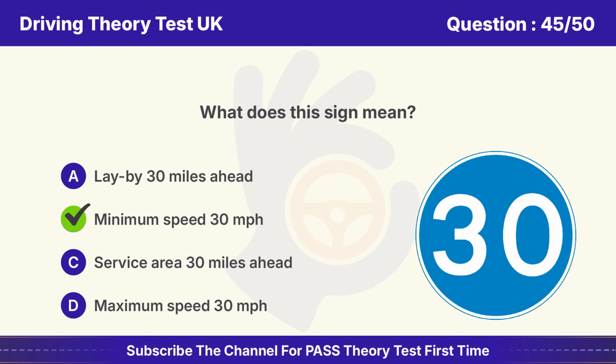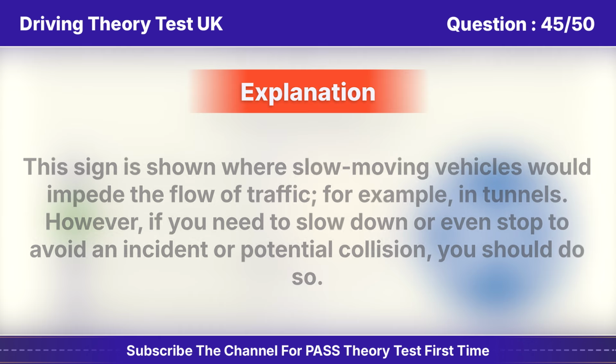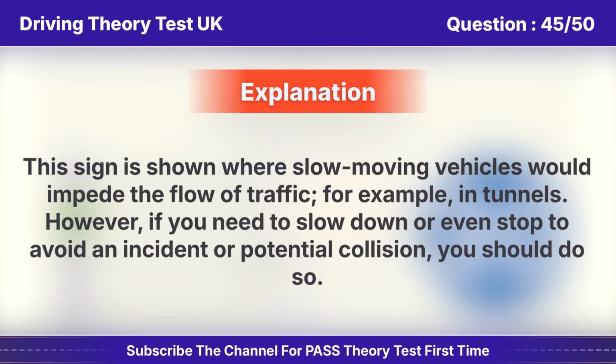Answer is B. Minimum speed 30 miles per hour. This sign is shown where slow-moving vehicles would impede the flow of traffic, for example, in tunnels. However, if you need to slow down or even stop to avoid an incident or potential collision, you should do so.